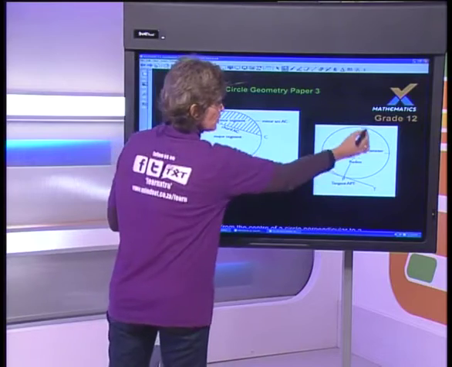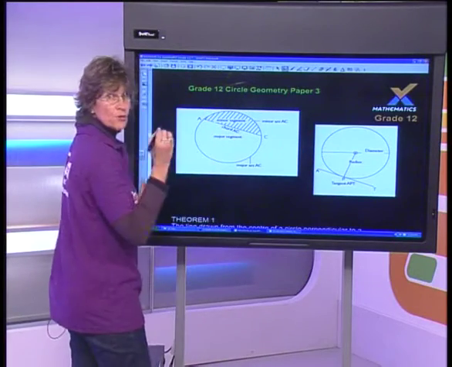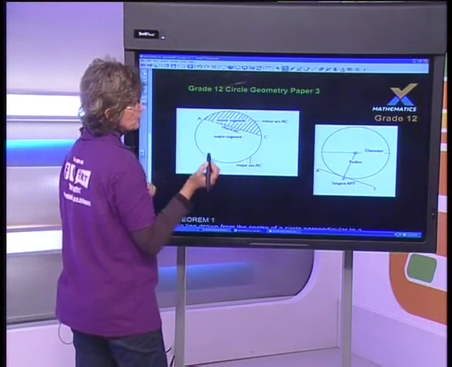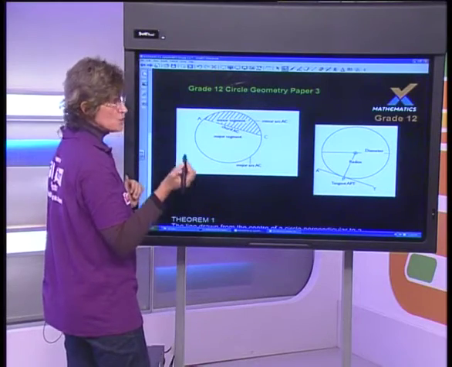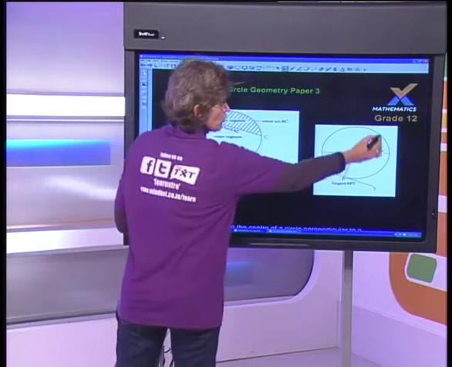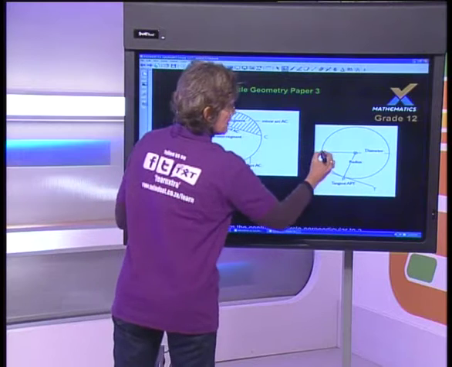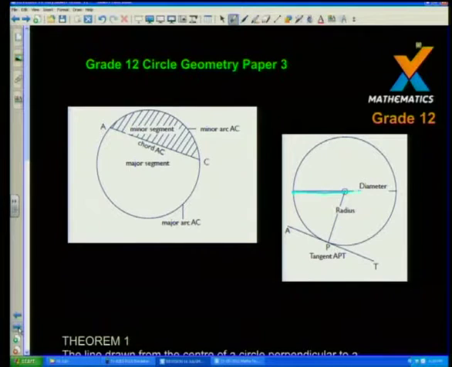So first of all, and of course this is also notation and vocabulary that you need in analytical geometry. When you've got a circle, then the line going through from one side to the other, passing through the center, is our diameter. Then any line radiating from the center to the circumference edge is going to be the radius.